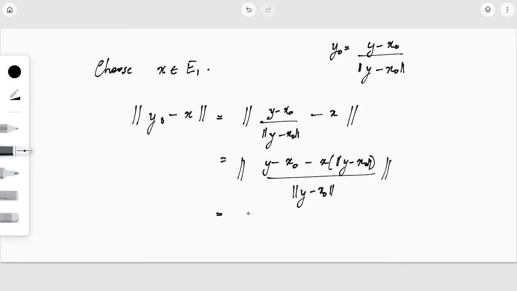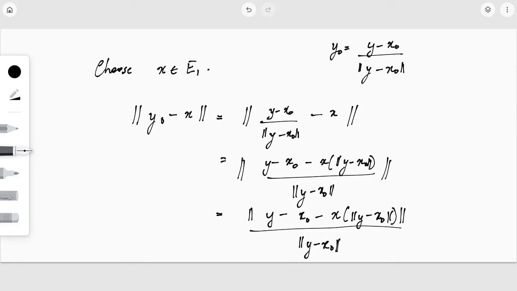So I can write this as the norm of y minus (x dot plus x times the norm of y minus x dot), divided by the norm of y minus x dot.